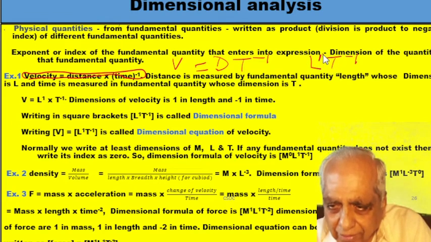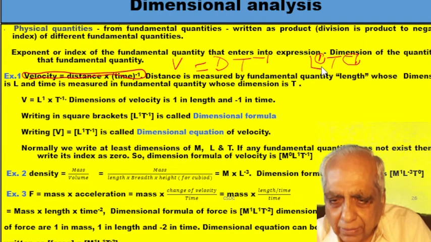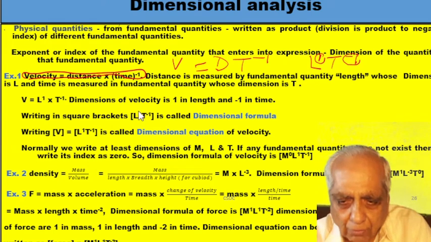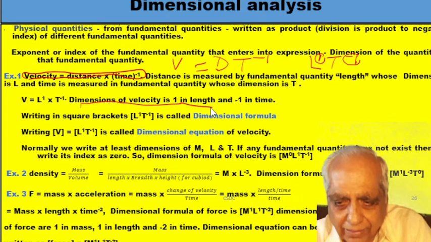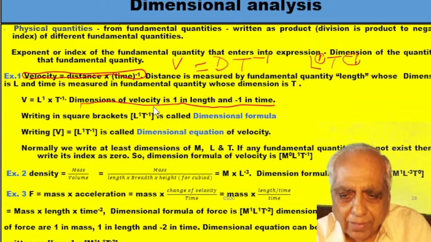Now this exponent or index is called the dimension of that quantity. So I will say velocity has dimension 1 for L and dimension minus 1 for t. In this manner, we find the dimensions of any physical quantity.